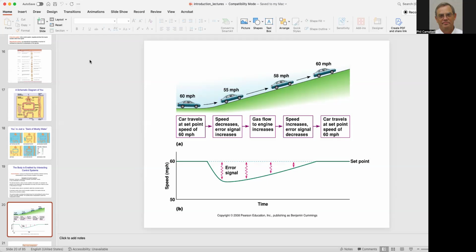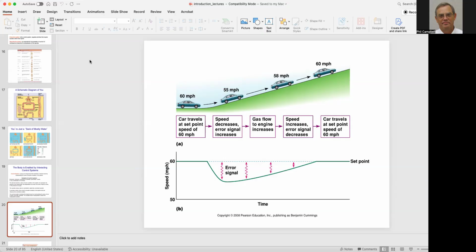Now, in order to maintain that 60 miles per hour, if you don't change the amount of gas you're putting into the carburetor, your speed's going to go down because of inertia. So in order to maintain your speed, you put your foot on the pedal, more gas goes to the carburetor, RPMs go up, and we bring our speed back up.